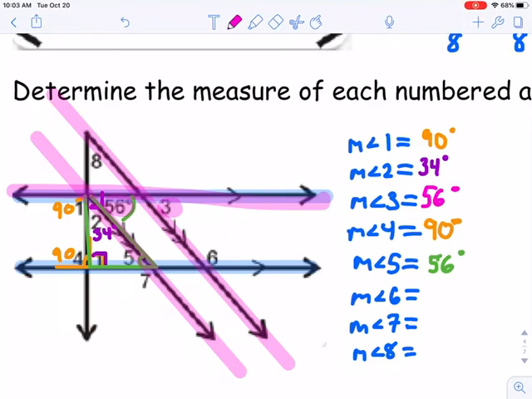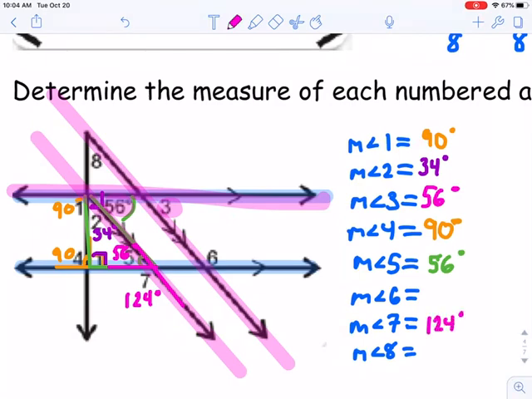Well, there's actually some more things I could have done with other angles. If angle 5 is 56 degrees, well, it forms a linear pair right here. Okay, so that must mean that that's 124 degrees, because angle 5 and 7 form a linear pair.